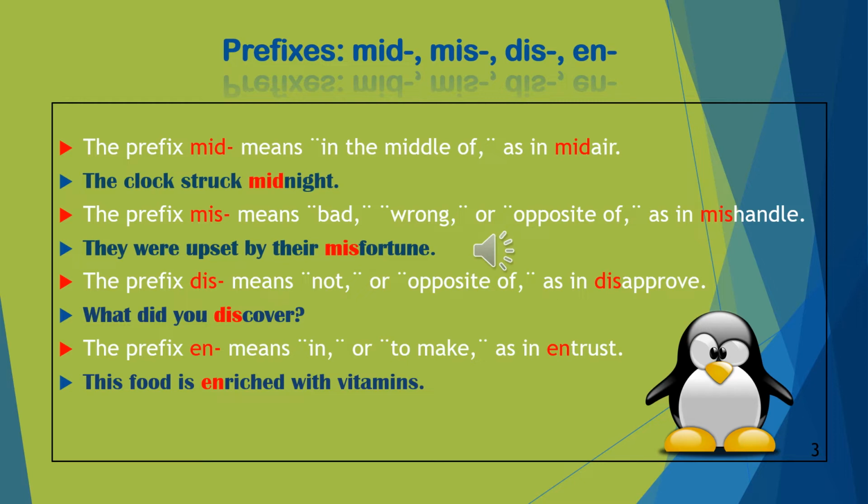And en means in or to make. So here we have a brief explanation of how to use the prefixes in sentences. Okay, now if you don't have any questions, let's move to the next page.